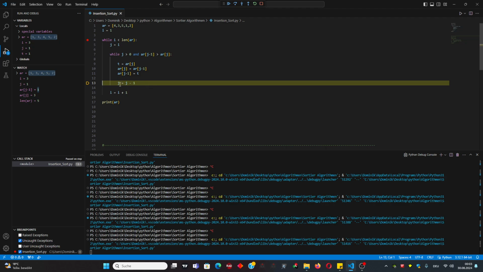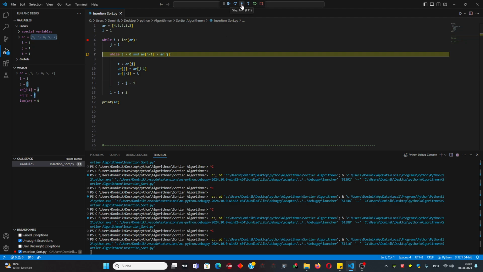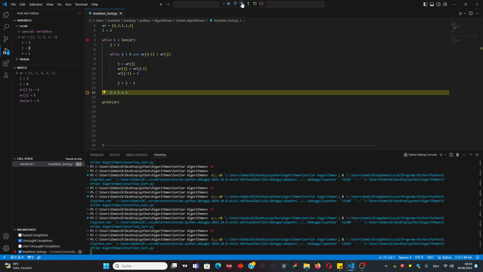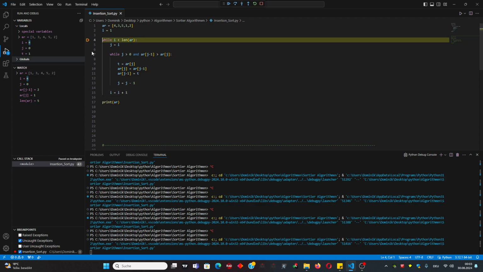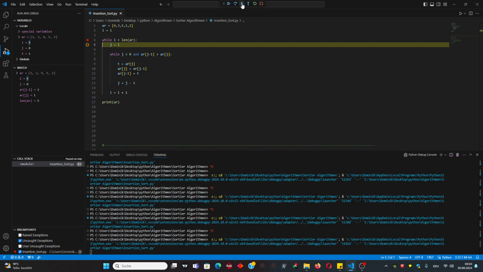Now we decrease J by 1. And J is now not higher than 0, so that means we will jump to line 15 and we increase I by 1. Here we can see I is holding the value 4 and length is 5, so 5 is higher than 4, so that means we keep executing.